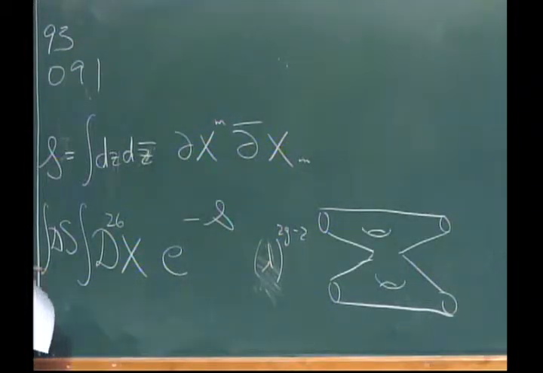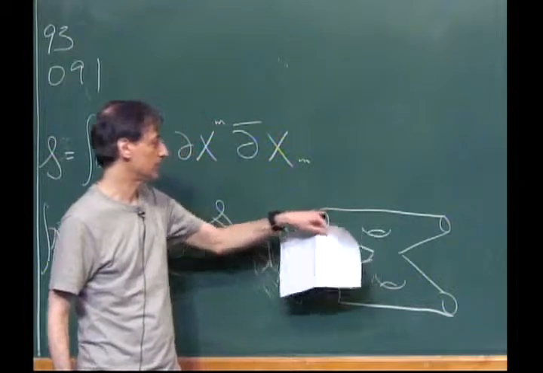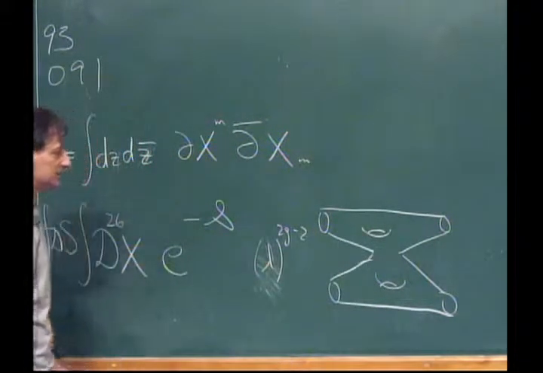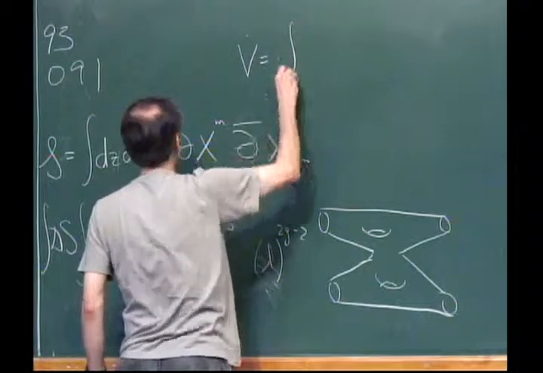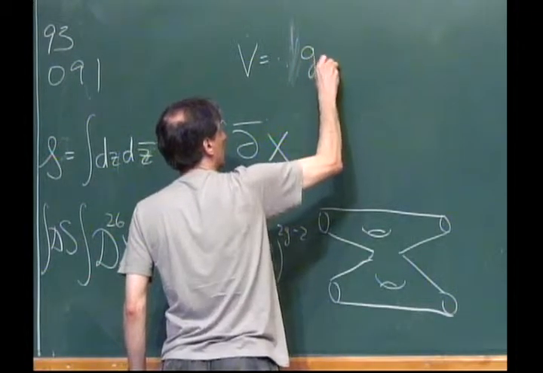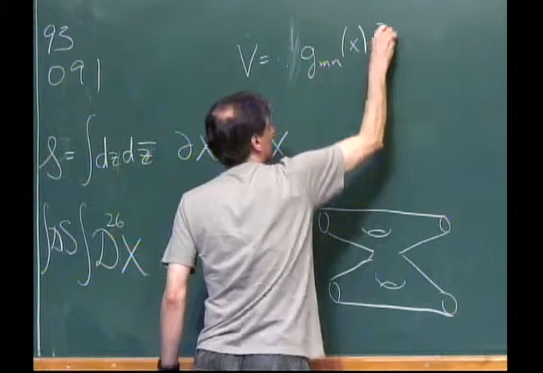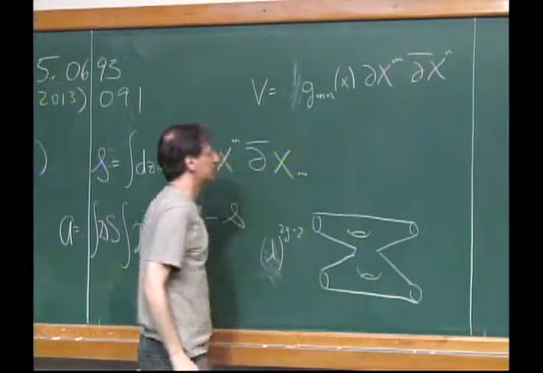Okay, there's one more ingredient you need, which is operators which tell you what the external states are. So I already mentioned one possible external state is the graviton. So for the graviton, you would consider adding, I'm writing it this way, you consider this type of operator.